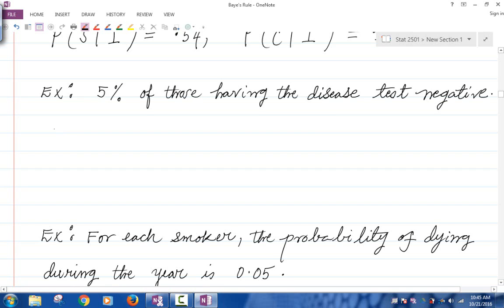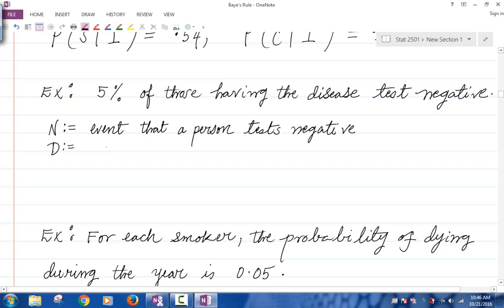So in this case, we can take, for example, N to denote the event that a person tests negative, and we can take D to be the event that a person has the disease.